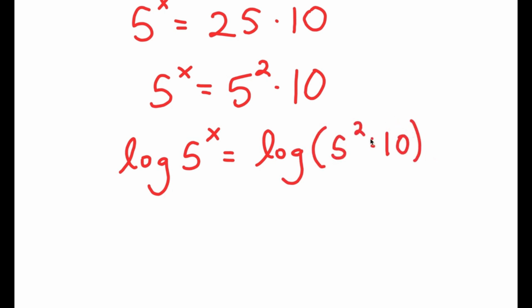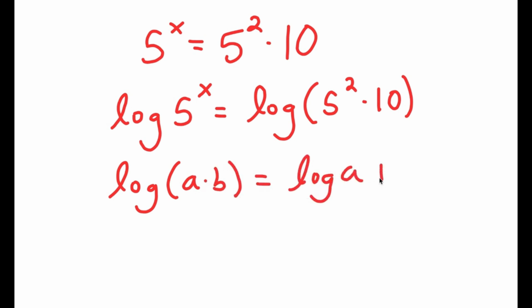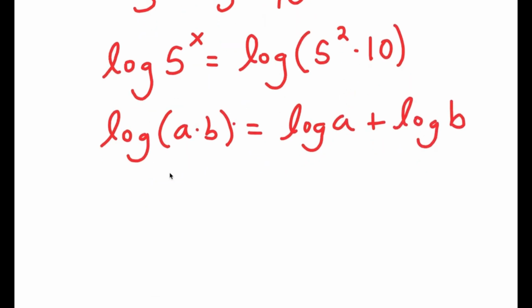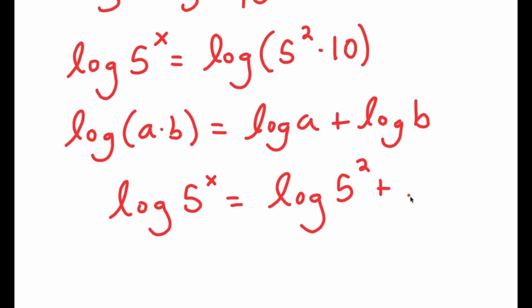And this is the same thing as, well, log of a times b is equal to log of a plus log of b. So log of 5 squared times 10 is going to equal log of 5 squared plus log of 10.